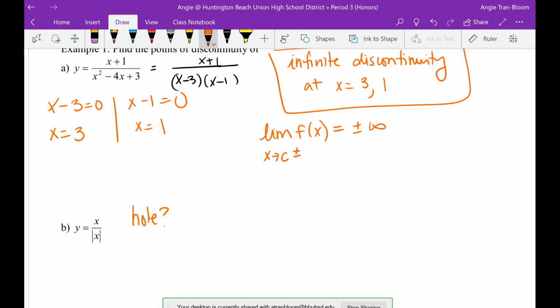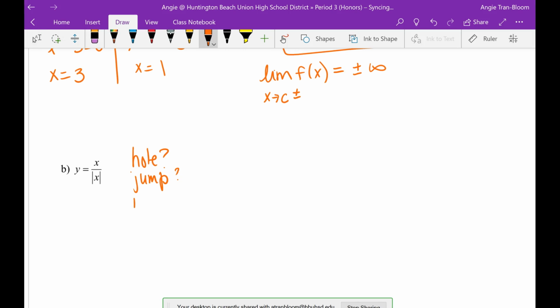So right now, a hole. What other one can it be? A jump possibility. Can it be a VA, vertical asymptote, infinite? Can it also be an infinite discontinuity? No? Okay. I'm going to write that anyway. I just know it can't be an oscillation, okay?